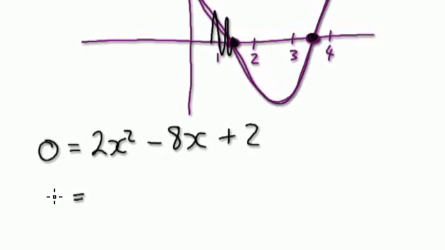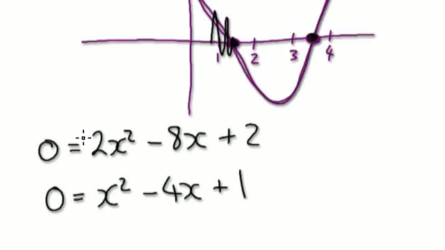So 0 divided by 2 is 0, this term divided by 2 is x squared, minus 8x divided by 2 is minus 4x, and 2 divided by 2 is 1. Rather than dealing with the original, we'd rather deal with this because the coefficient of x squared is 1.